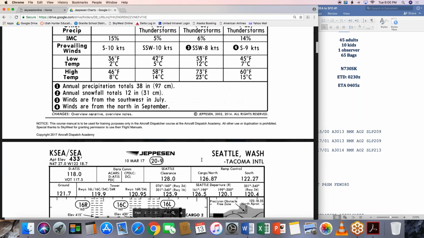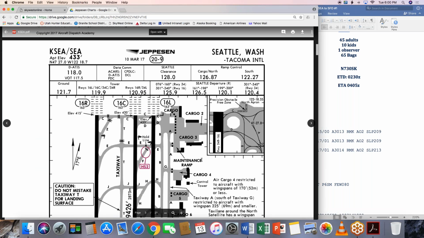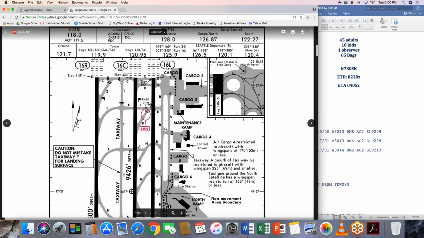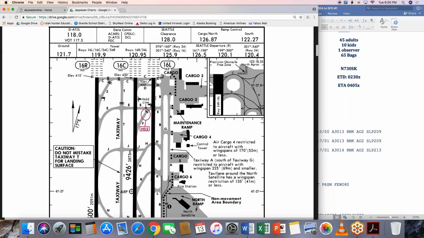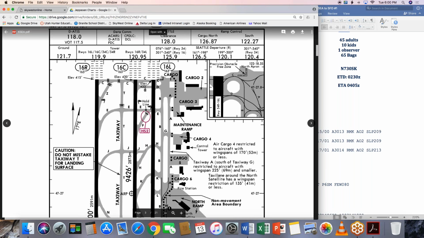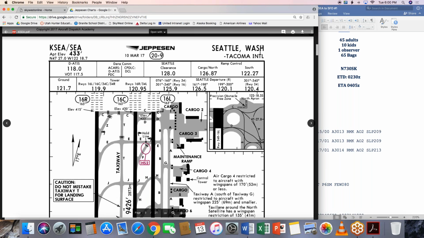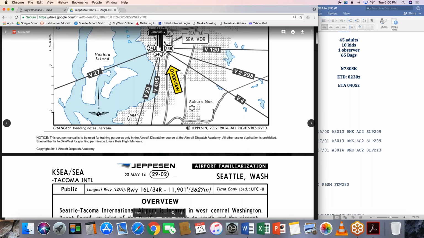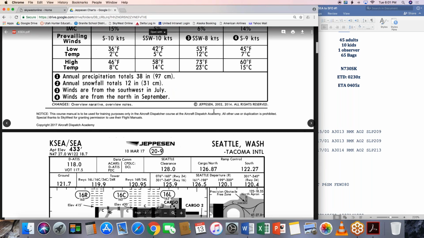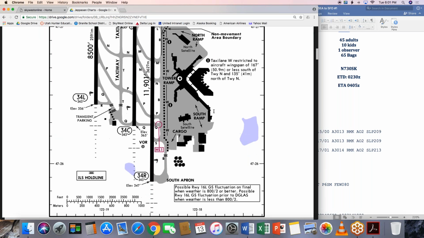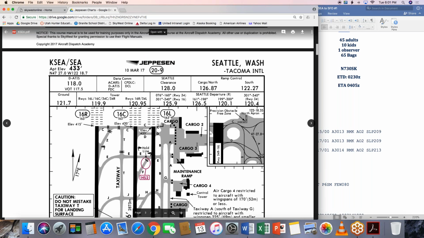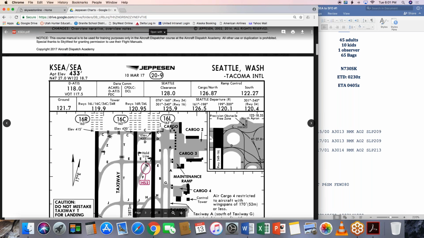Okay, so what we're trying to do here is find what elevation our airport's at, right? So our elevation, you can see here on this chart. This is like the AFD type chart, but this is the airport description chart.